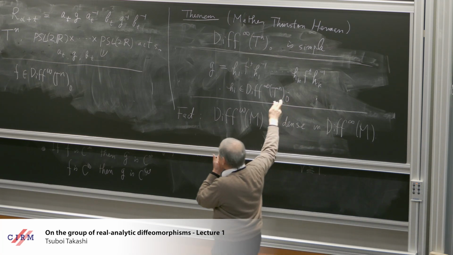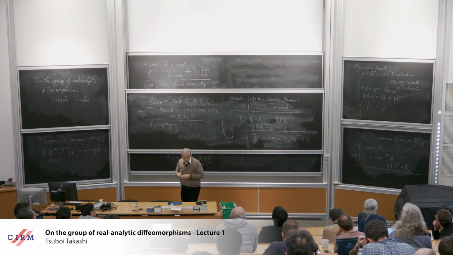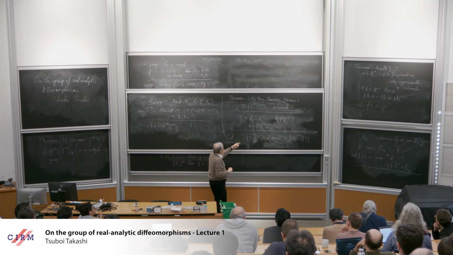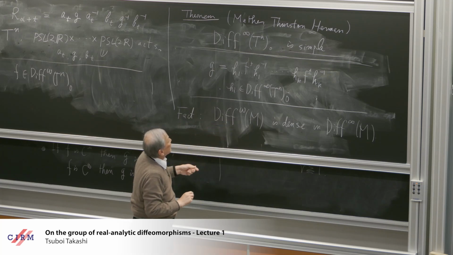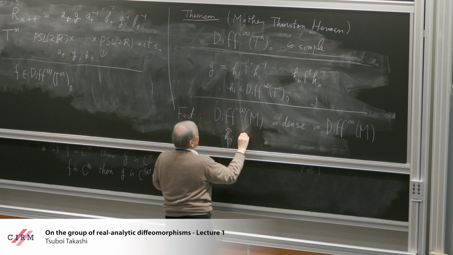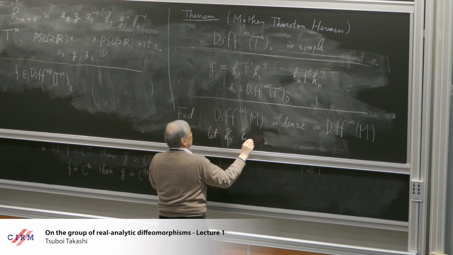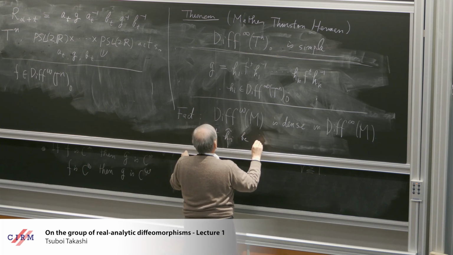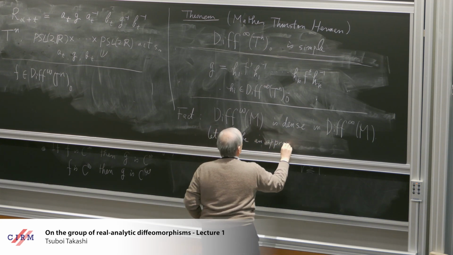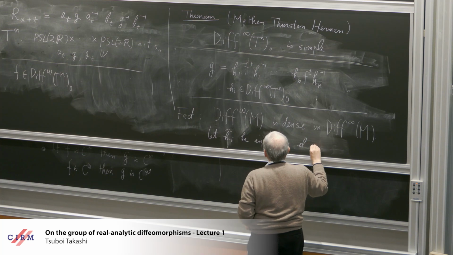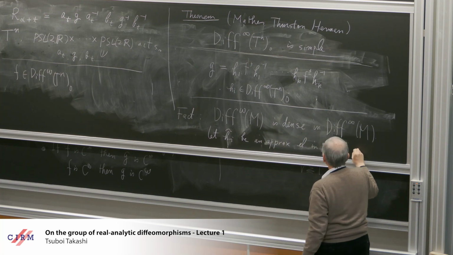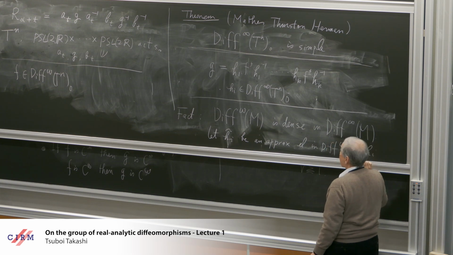Since it is dense, I can change this thing, H1 to HK, by its approximation in Diff omega. So let HI tilde be an approximating element in Diff omega of HI.